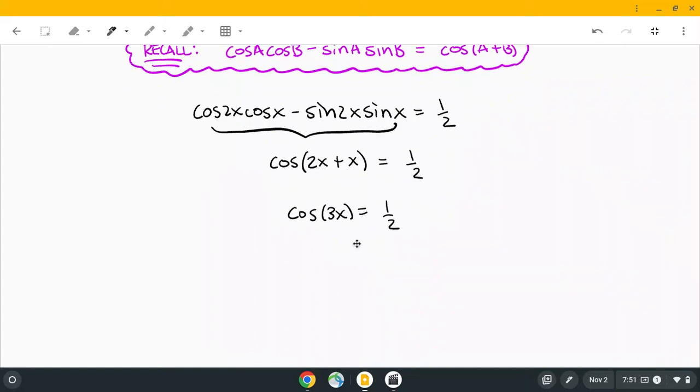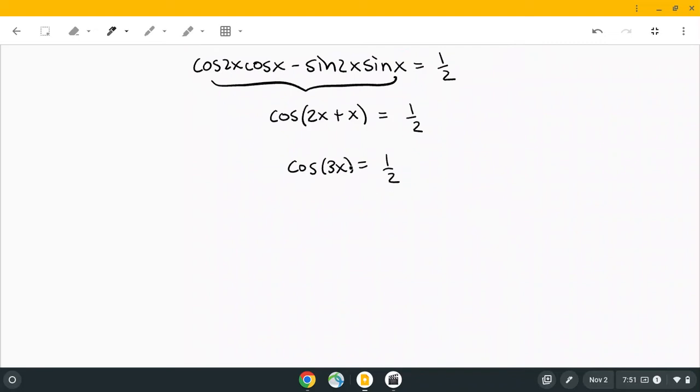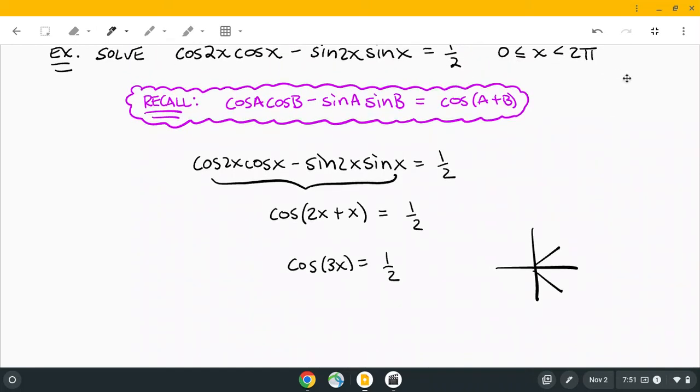Okay, so here we don't have any other cosine of some other angle, so we're just going to keep this cosine 3x, and we'll find 3 circles worth of answers. Cosine is positive here, and it's positive 1/2 at 60 degrees, but we want radians.